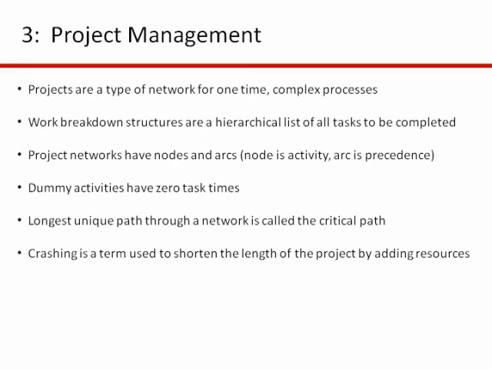So to complete the project, you have to complete all the activities in the network, and the longest path through all the activities is called the critical path. And then the last thing that we're going to talk about this evening is something called crashing. In a project management perspective, crashing is shortening the overall length of a project by allocating extra resources to it.